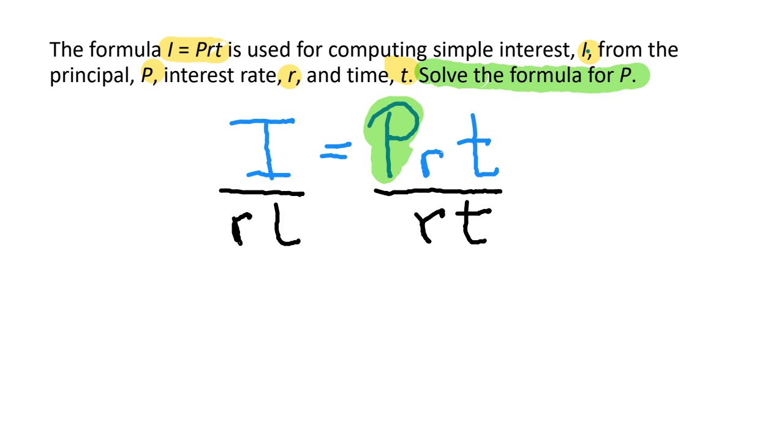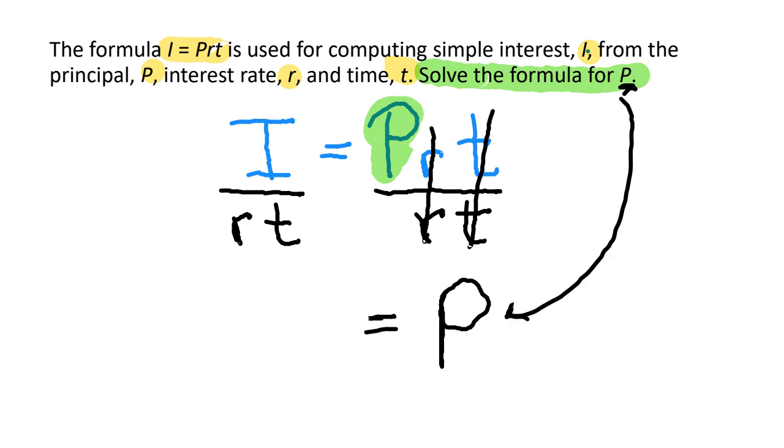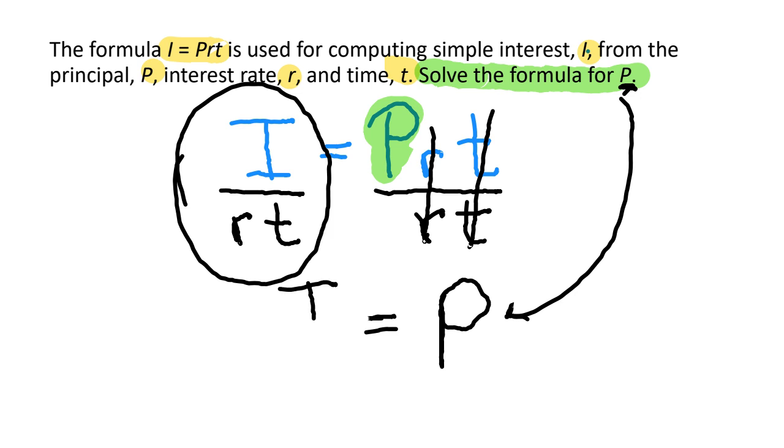Well, on the side that's got the letter P, these R's and these T's are going to cancel, leaving me with my P, which is what I want to solve for. And my answer is this fraction, I over RT. This is my answer, right here, highlighted in yellow.